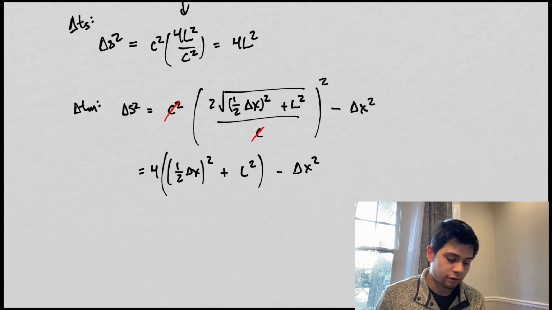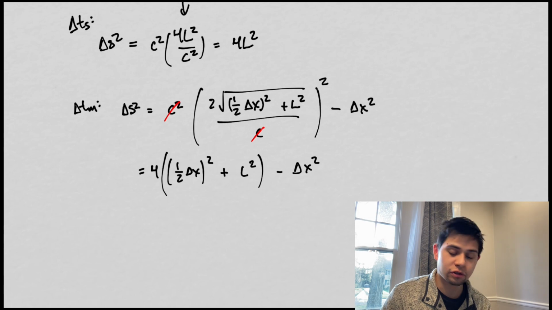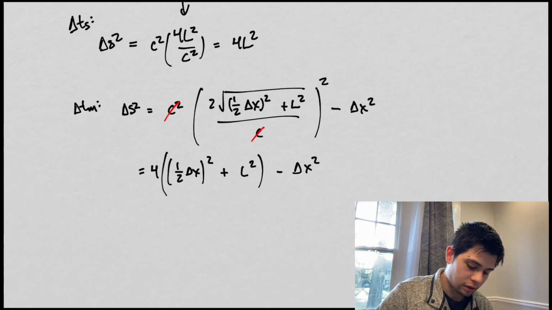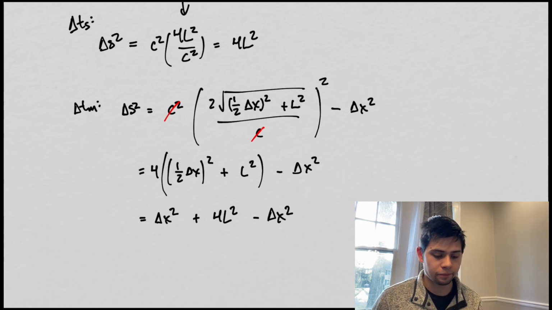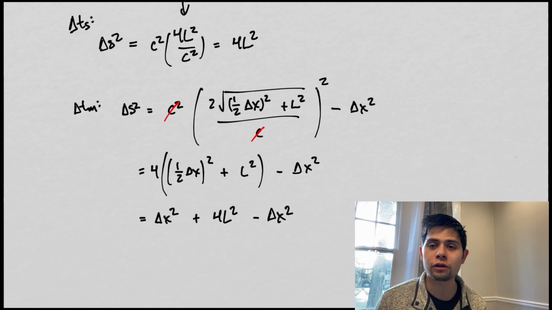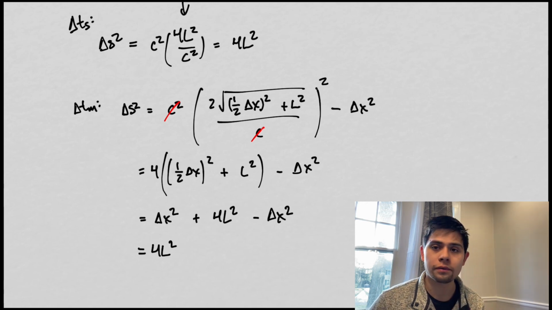Now 4 times 1/2 delta x squared, well, that's going to be 4 times 1/4 x squared, right? So that's just going to be delta x squared. We're going to get plus 4L squared and minus delta x squared. This is all just algebraic manipulation at this point, but we can see now that this is 4L squared.